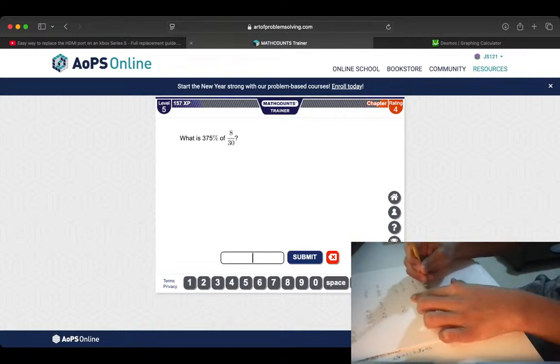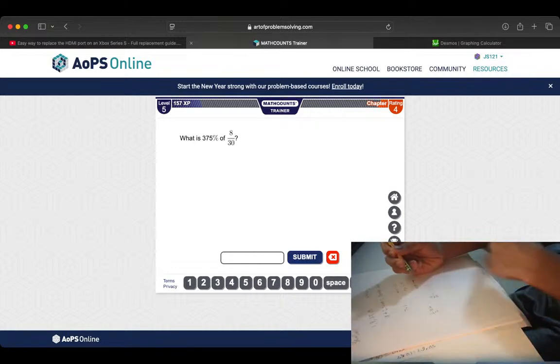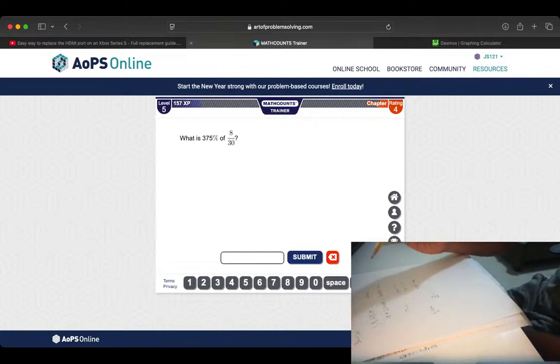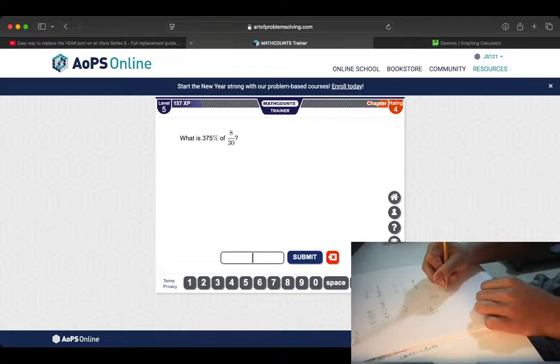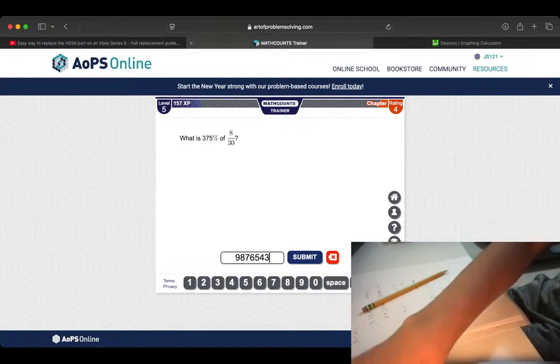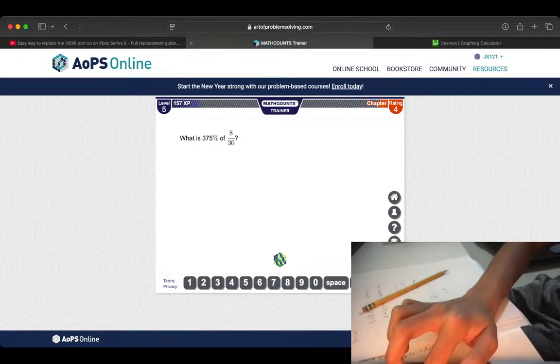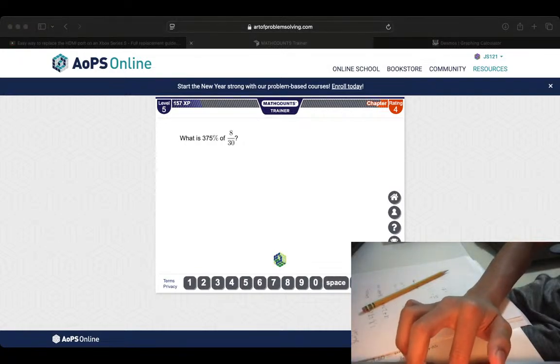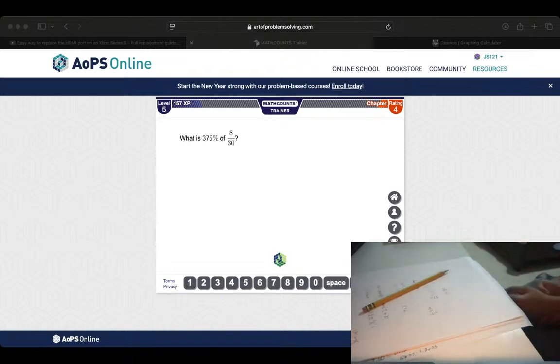I just realized that's not good. I have to do 10 divided by 6 for both of them. So 16 times 10 divided by 6. Oh, it's including thirds. I'm sorry, man. I get freaked out when it's thirds.